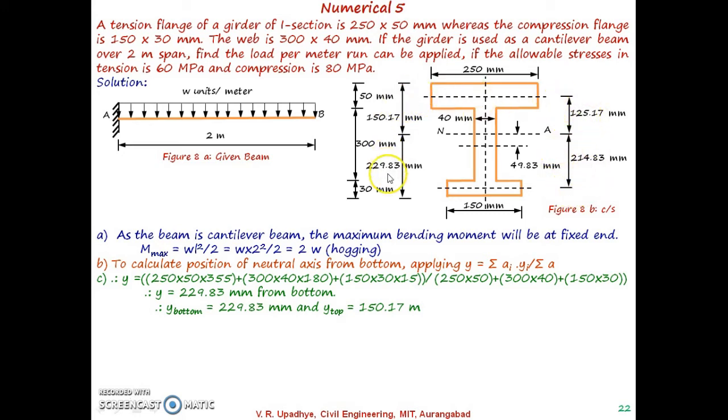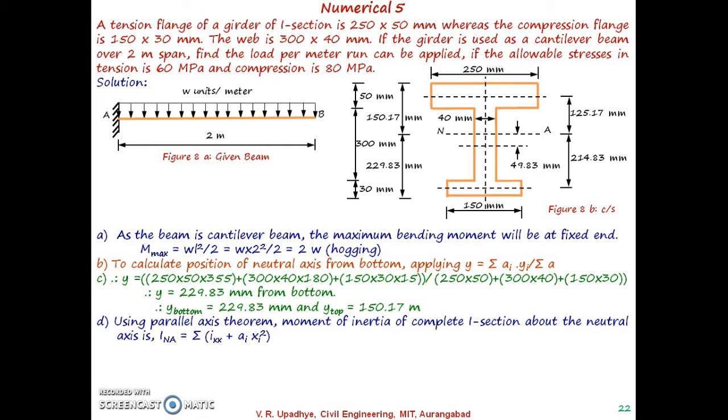Now once these calculations are done, you can find the moment of inertia of the complete I section about the neutral axis. Using the parallel axis theorem, which we have discussed earlier many times, it is BD cube by 12 plus A x square: the moment of inertia about its own centroid, plus the area of its own cross section times the square of the distance between the two parallel axes.